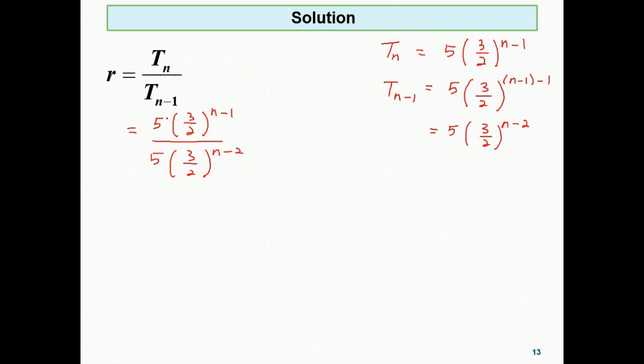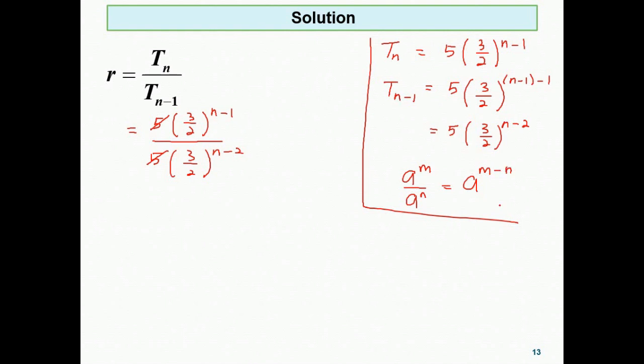Now, as we can see here, the 5 can be cancelled out, and in our ratio form, the base is the same. So we can use the index rule, a to the power of m over a to the power of n can be written as a to the power of m minus n.